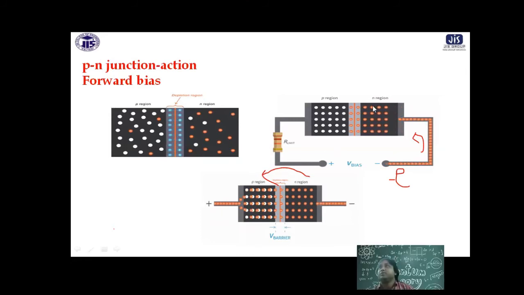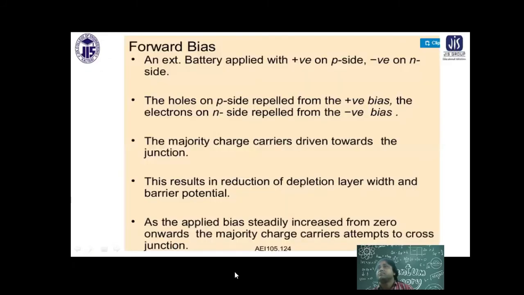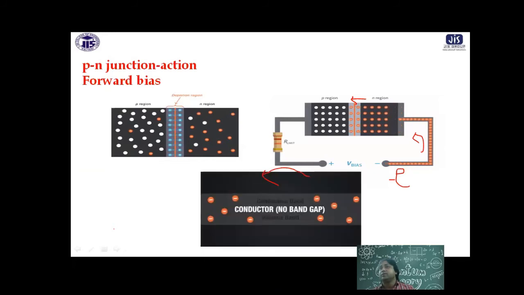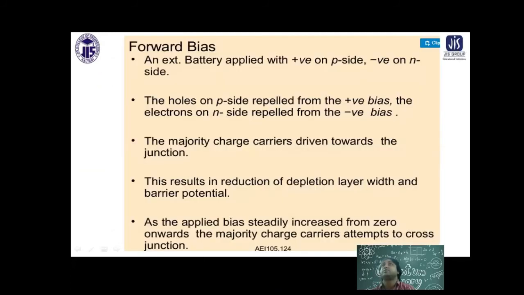They are actually pushed in here and you get current. Just electrons are pushed in across the junction and you're getting the current. Okay, that is another way to look into this situation.